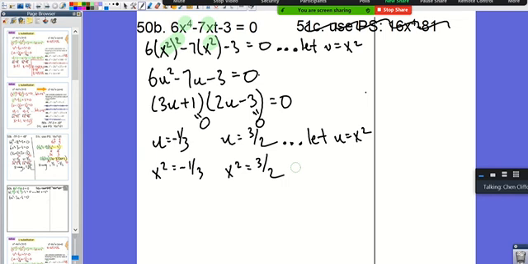And we're going to square root both sides. Square root, square root, square root, square root. And this is going to be nothing. Okay, it's going to be imaginary because if you square root a negative number, you get imaginary. And the other one is going to be plus minus root 3/2.